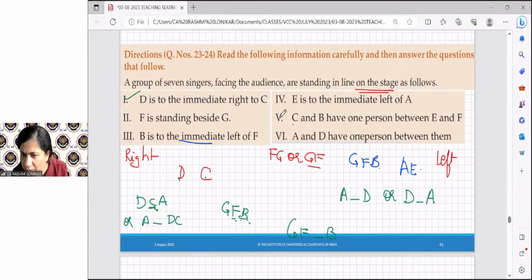I think this wording is something incorrect. C and B have one person between E. I don't think there is an F here. Just let me check. Just a moment. There is something wrong here.